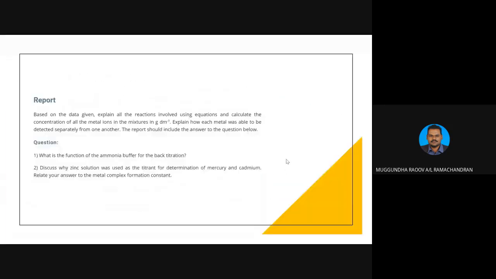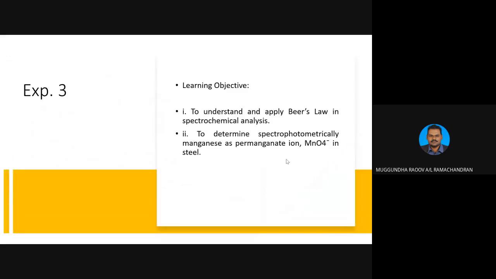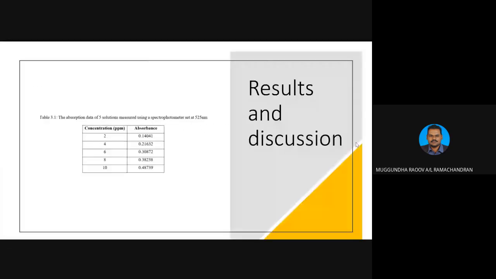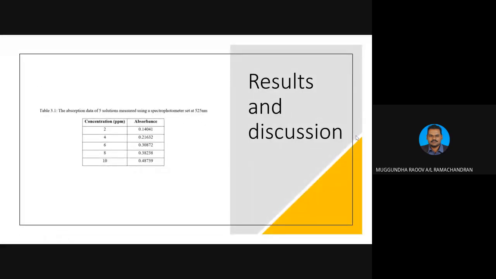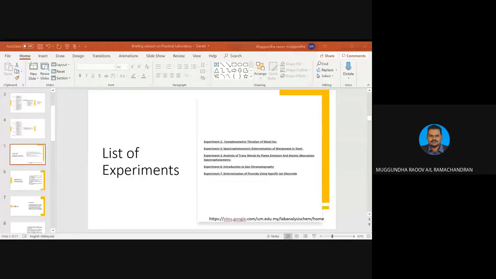The learning objective of this experiment is that students should be able to understand and apply Beer's law in spectrochemical analysis, and to determine spectrometrically manganese as permanganate ion in steel. The introduction for manganese is here, class.